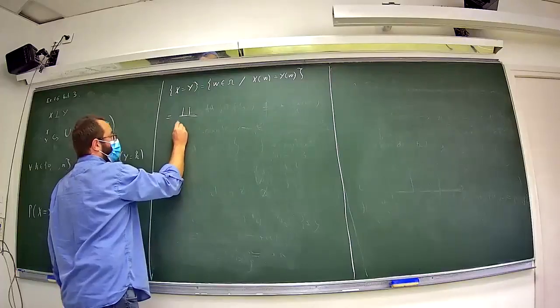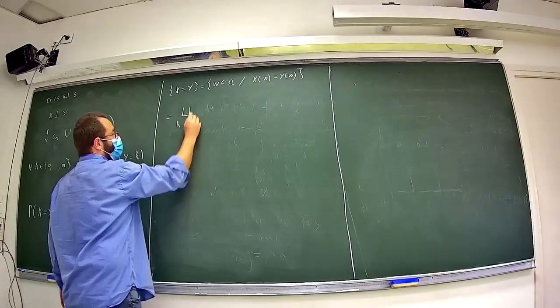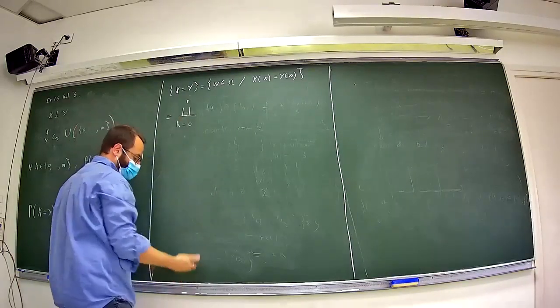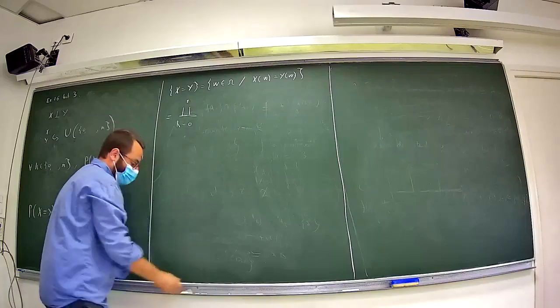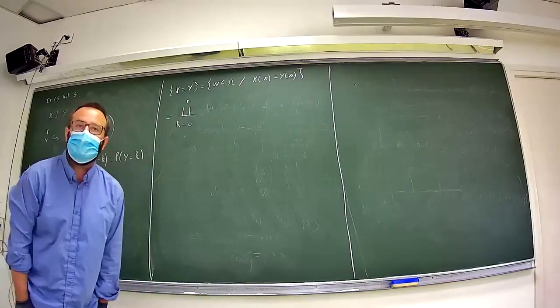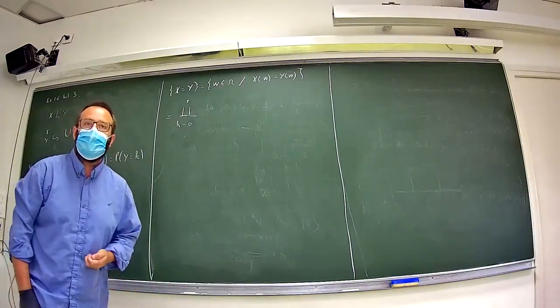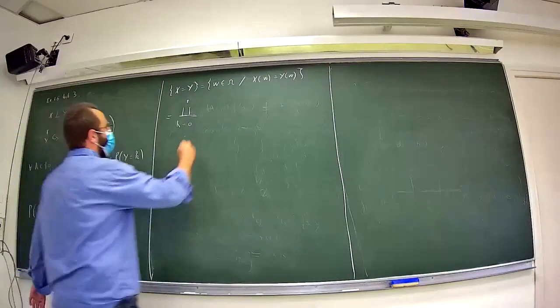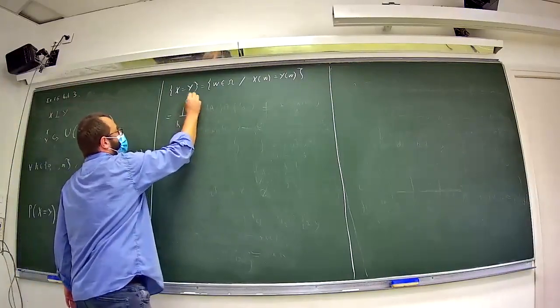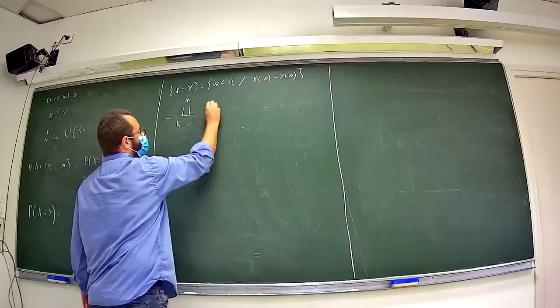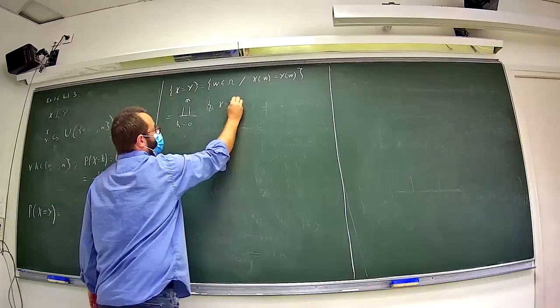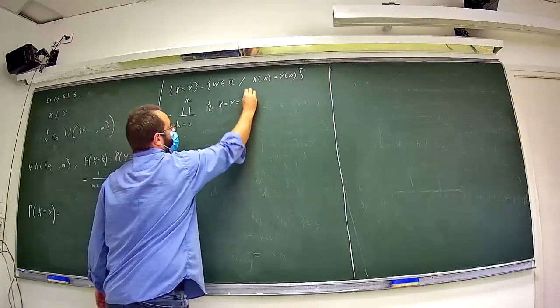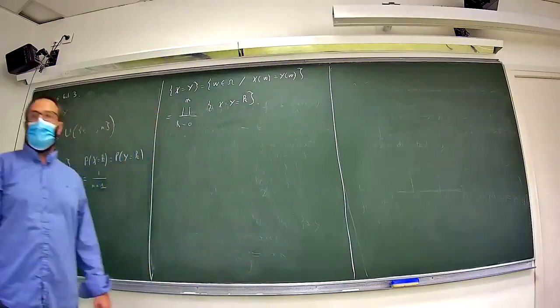A disjoint union from k equal to 0 to n of the event X equal to Y equal to k.